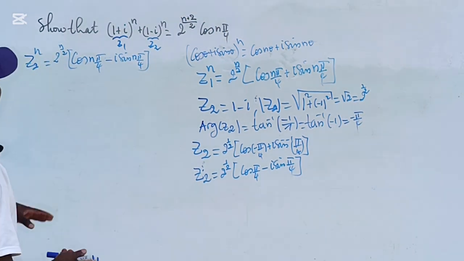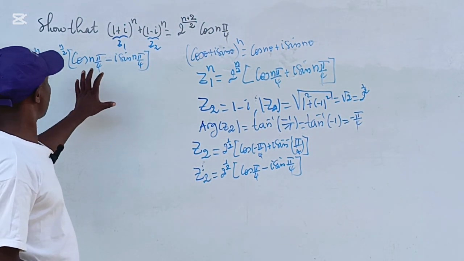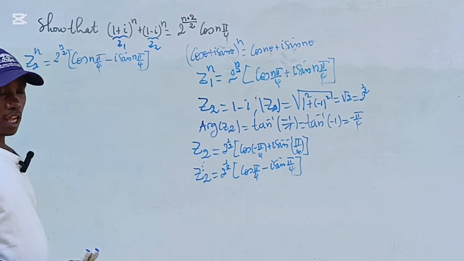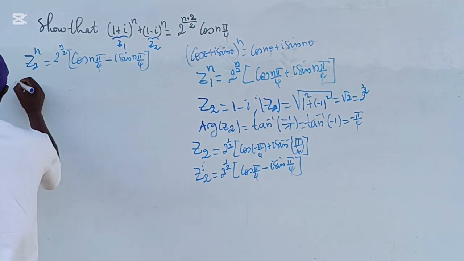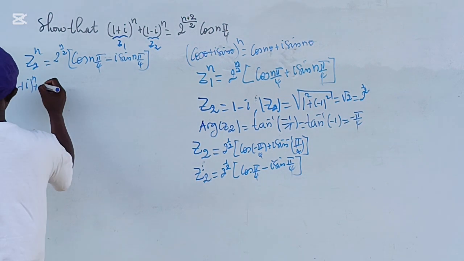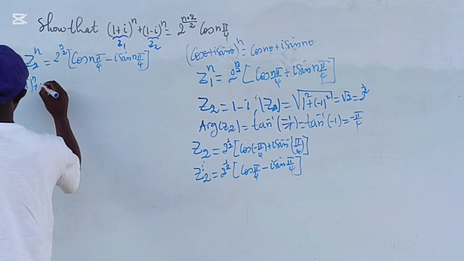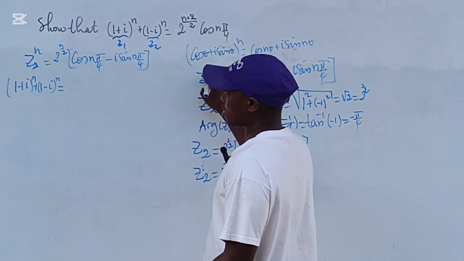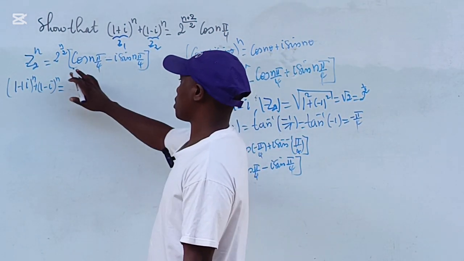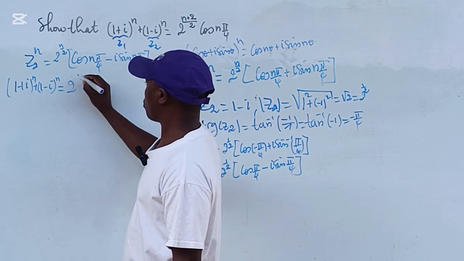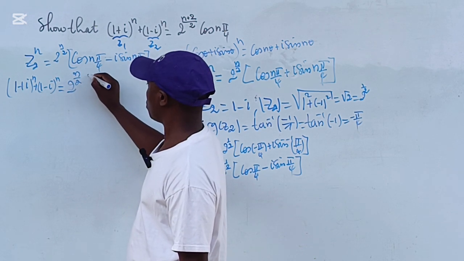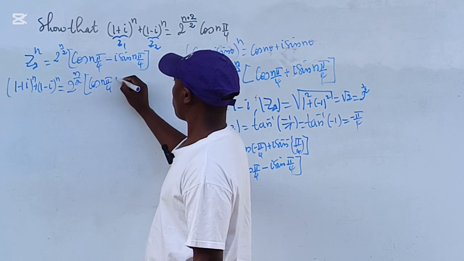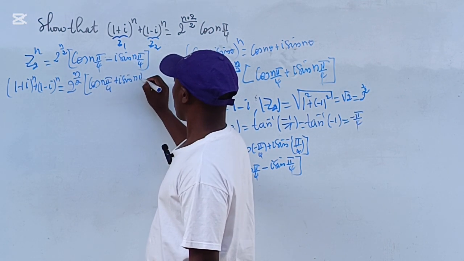As you see, both z1 and z2 have the same factor of 2 power n over 2. So taking (1 + i)^n plus (1 - i)^n, this is equal to z1 power n plus z2 power n. Here we have 2 power n over 2 into cosine of n pi over 4 plus i sine n pi over 4.